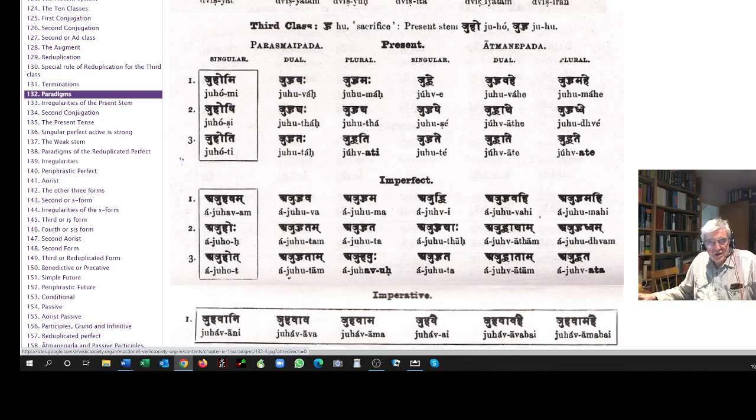What happens here is that we have a reduplication of the first syllable. The hu reduplicates with the j. There are separate rules of reduplication that are given earlier in the book. There are standard rules.